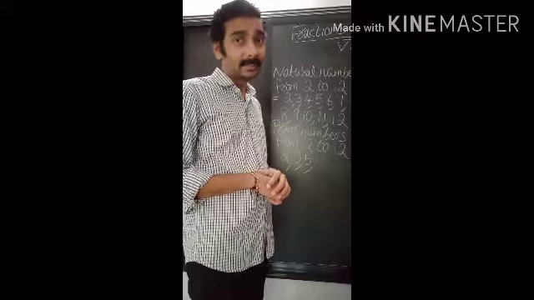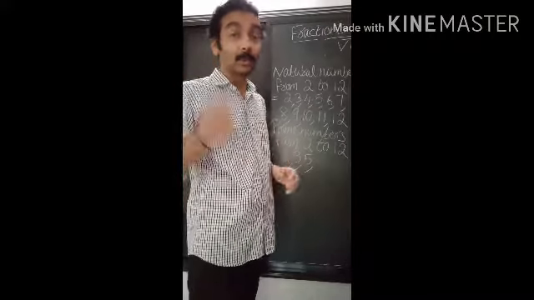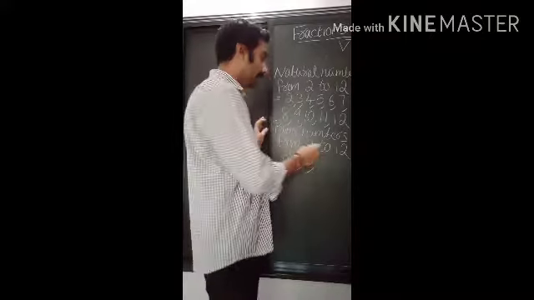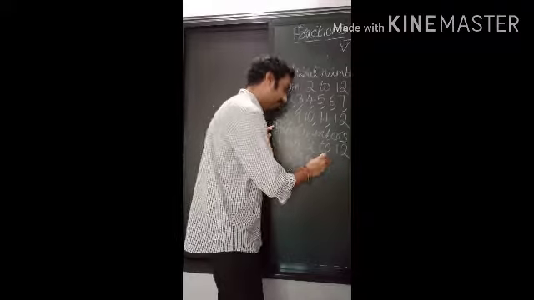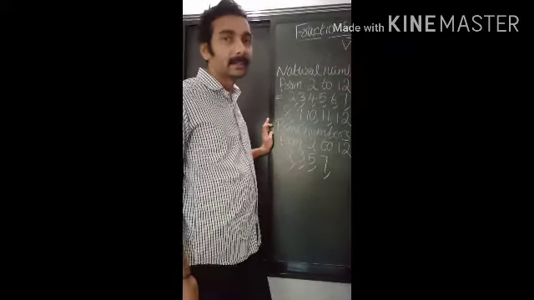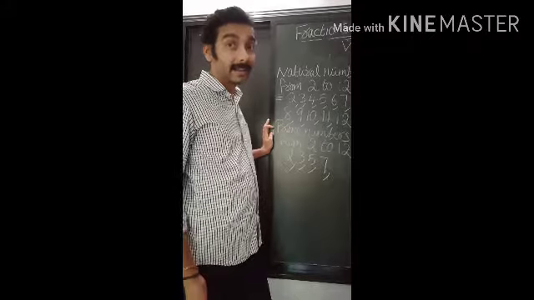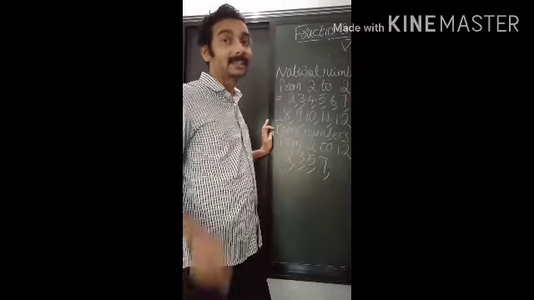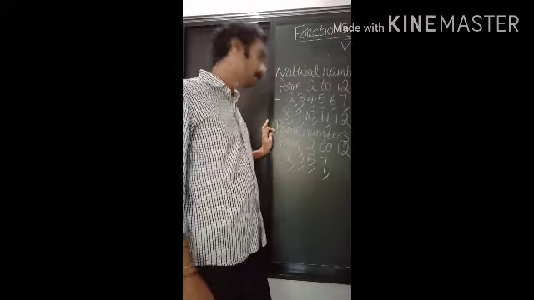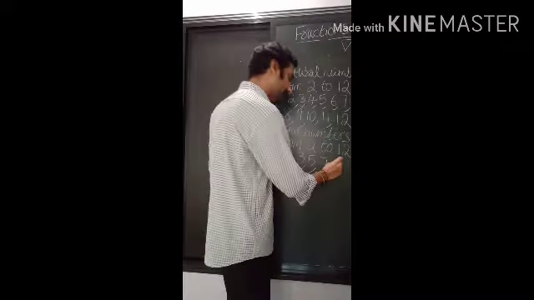No, because 2 into 3 is 6. Then our number is 7. And the next number is 9. No, 9 is 3 into 3. Okay, 11.